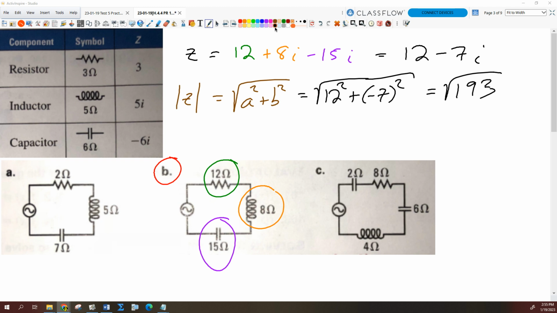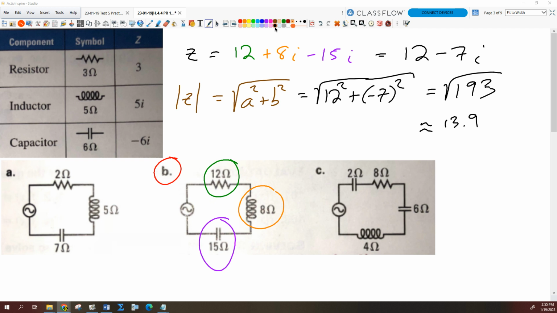It's going to be roughly, what would that be? What is that going to be? 14, it'd be just about 14-ish. I think it's like 13.9, something like that. I think that's about right.